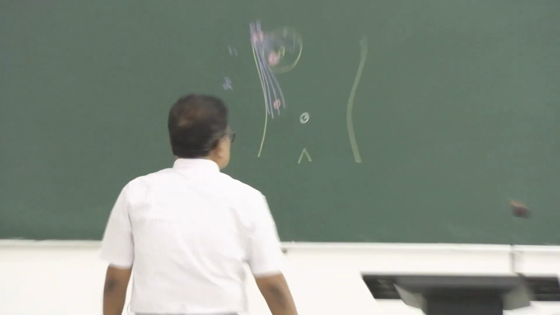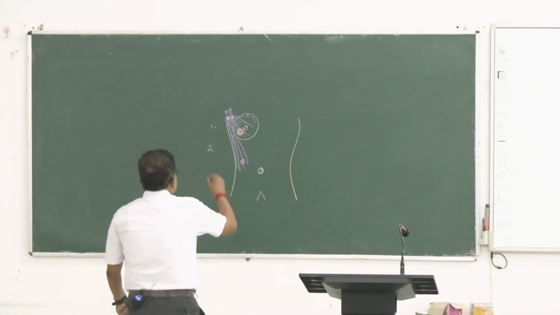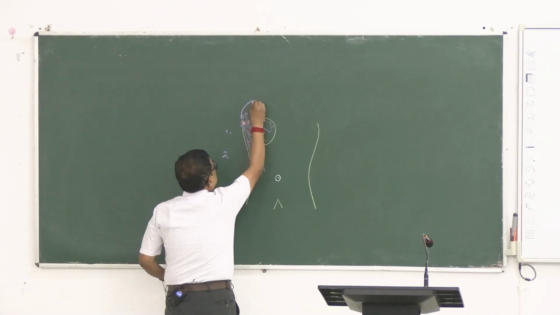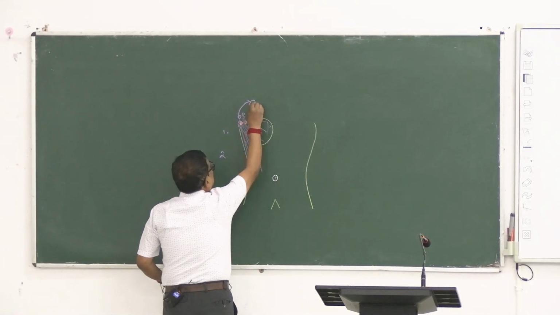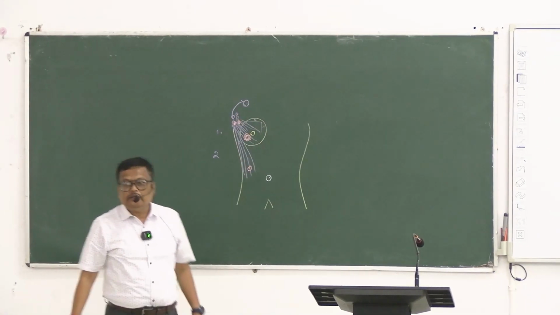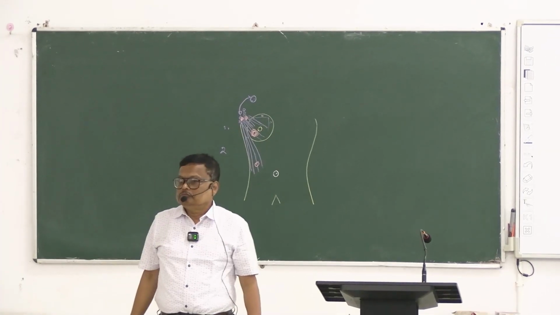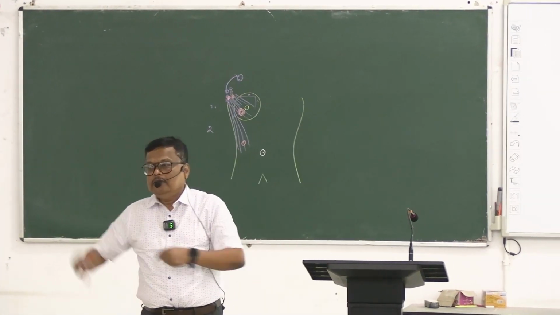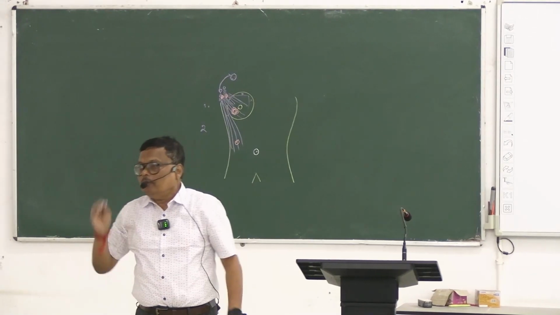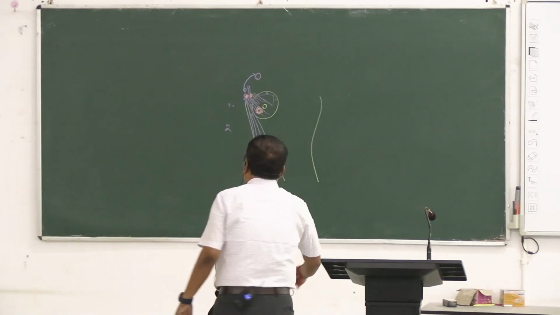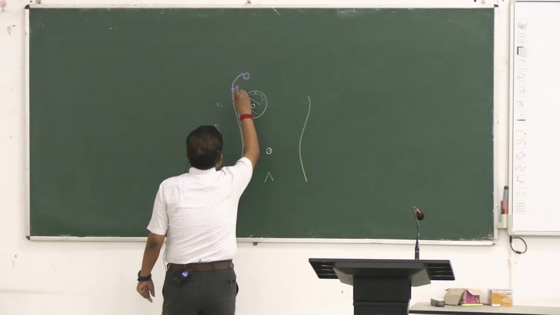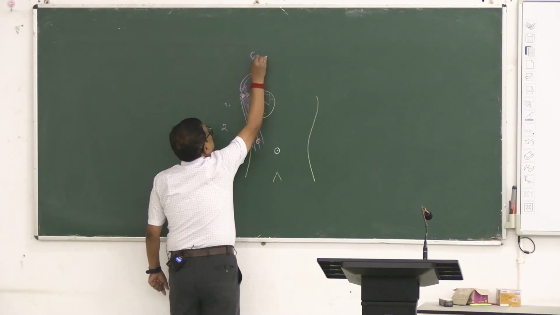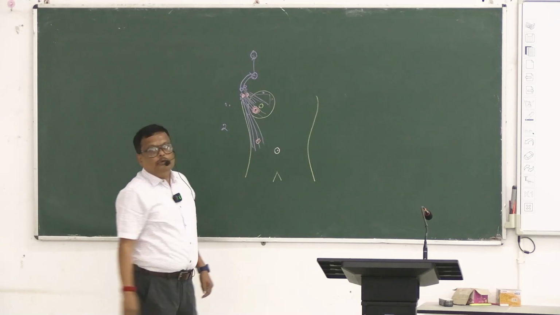Number 2, efferent. From these lymph nodes, where does the efferent go? It goes mainly to the central group of axillary lymph nodes. From the anterior group, the lymphatics are then filtered in the central. From the central, it goes to the apical group of lymph nodes.